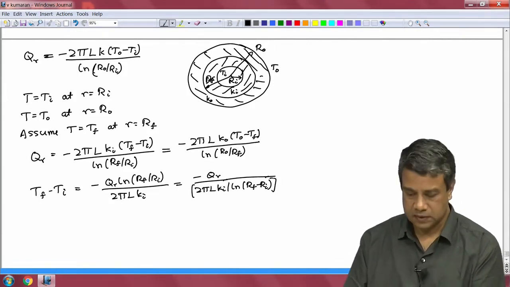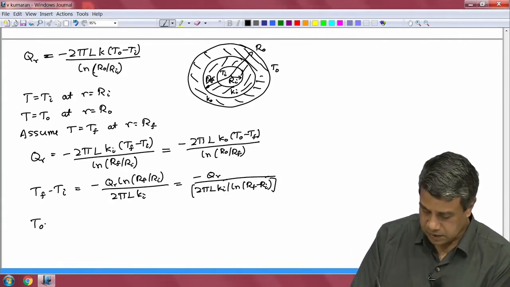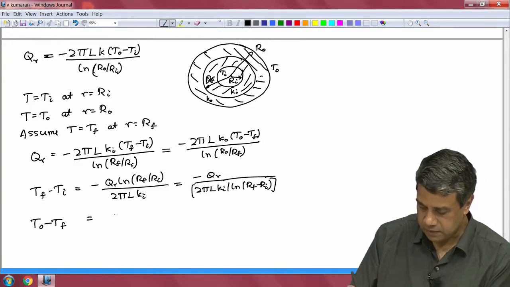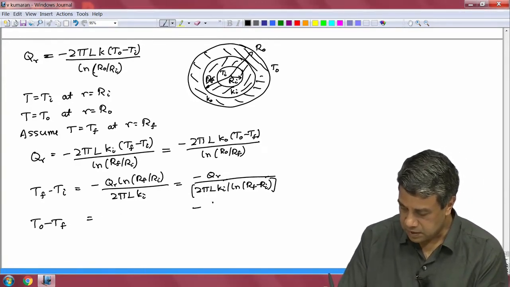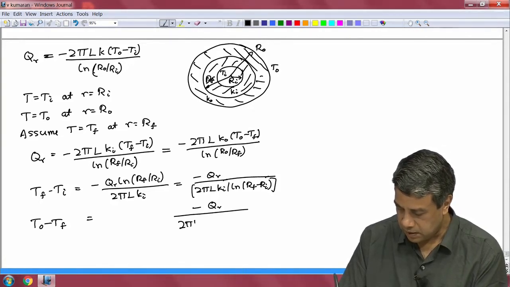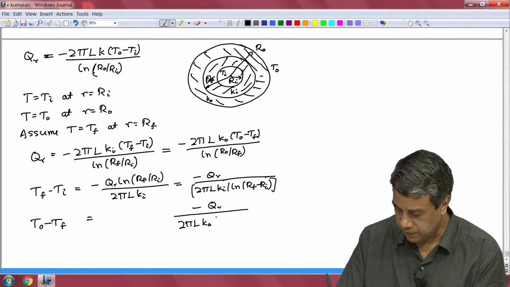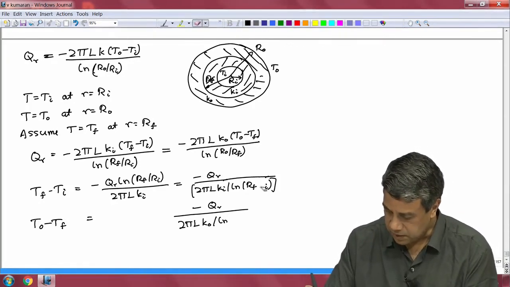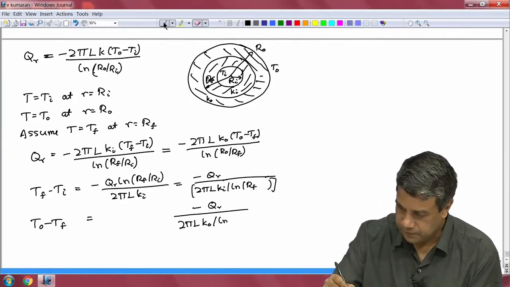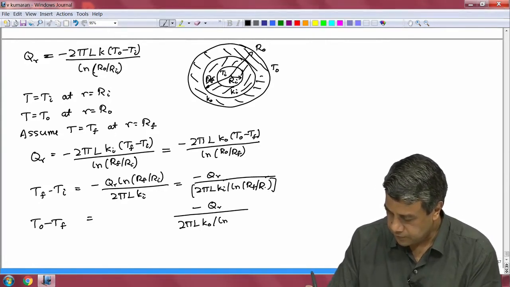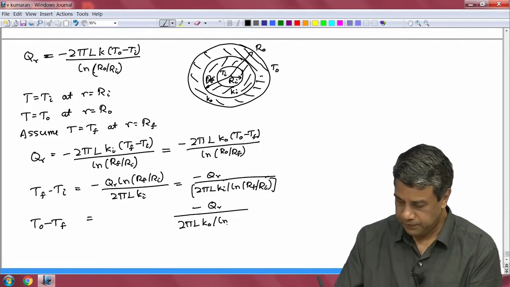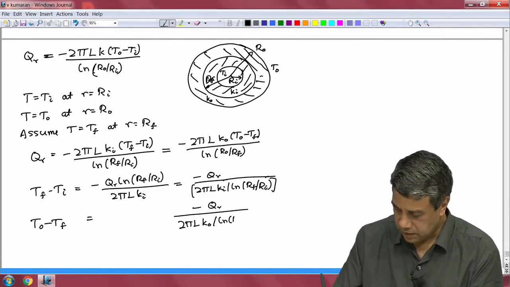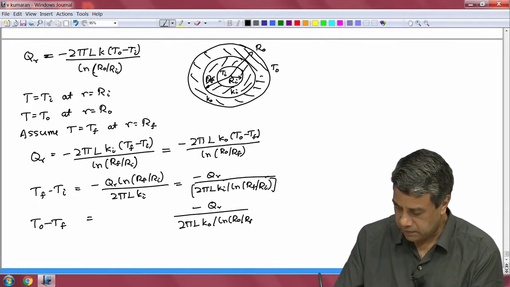And the difference To minus Tf is equal to minus Qr by 2 pi L Ko, my apologies, it should be divided by, log of Ro by Rf.